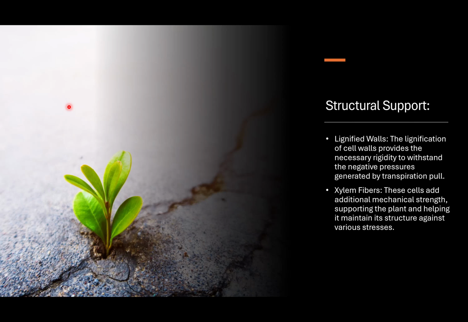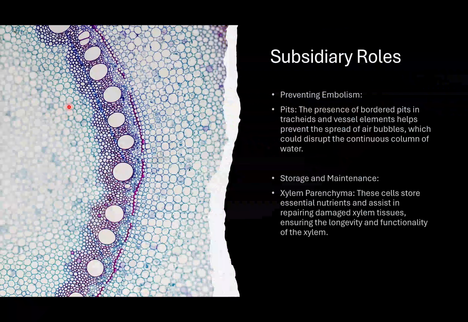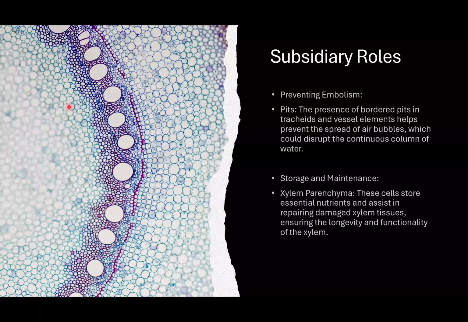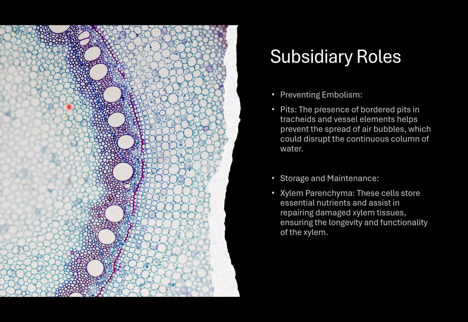Okay. Everything is fine. Everything should be fine so far. We also have subsidiary roles. So look at the pits preventing air embolisms, right? And the xylem parenchyma is used to support, well not support, but to store nutrients and for the maintenance of xylem, right? So these are subsidiary roles.